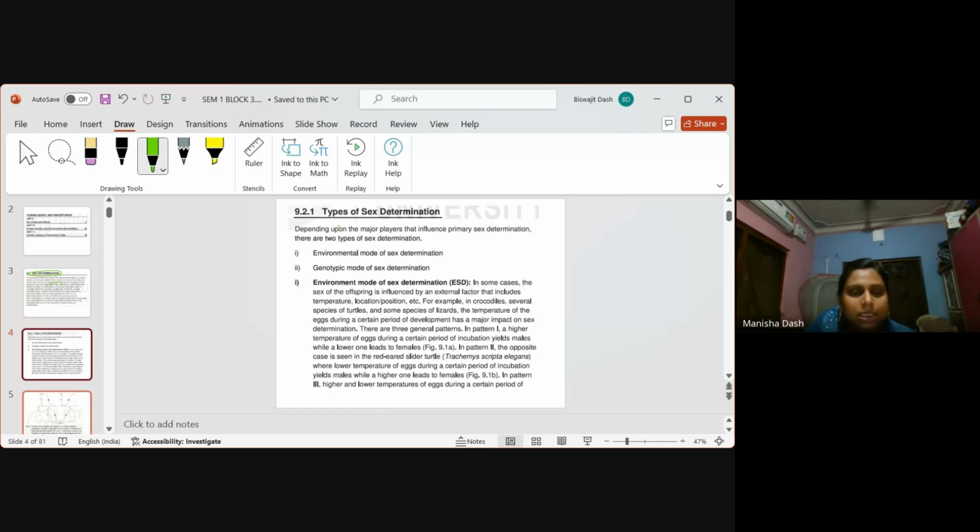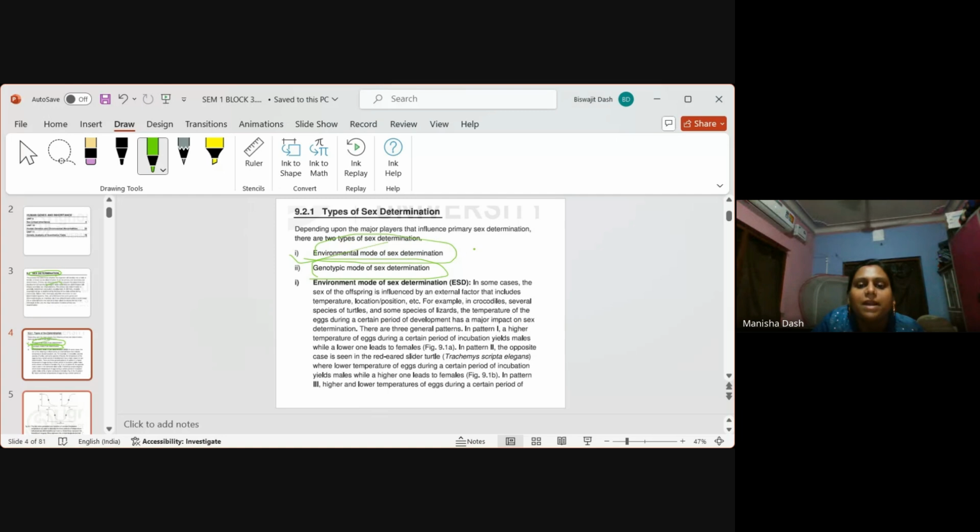So broadly, there are two different mechanisms of determining the sex. The first one is the environmental mode of sex determination. The second one is the genotypic mode of sex determination. As the name indicates, in the environmental mode, the environmental factor will determine whether a zygote or the offspring will develop into a male or female.